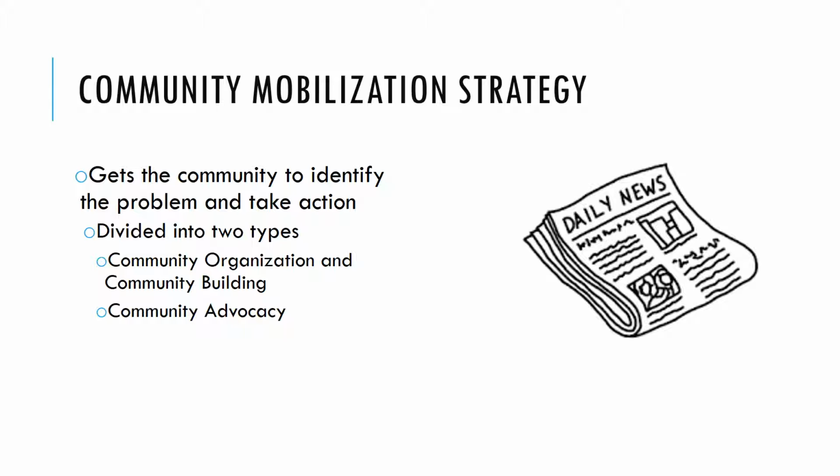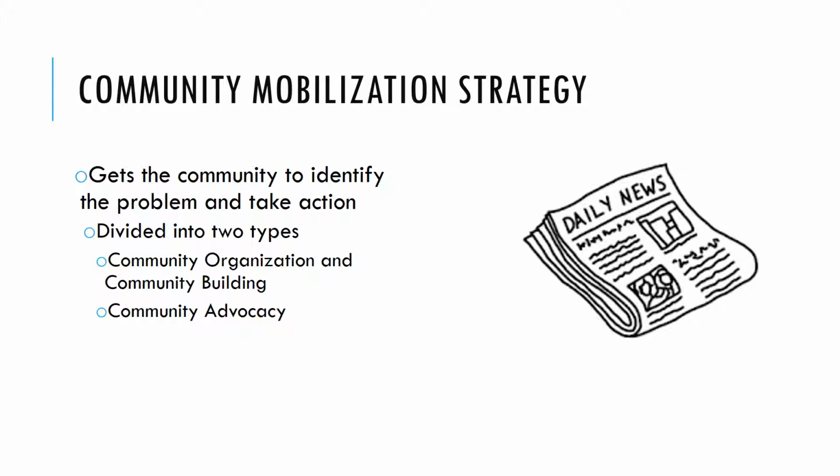The next strategy we have is the community mobilization strategy. The community mobilization strategy gets the community to identify the problem and take its own action. This can be done in one of two ways, either by community organization and community building, or community advocacy.